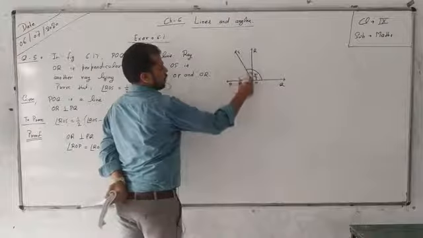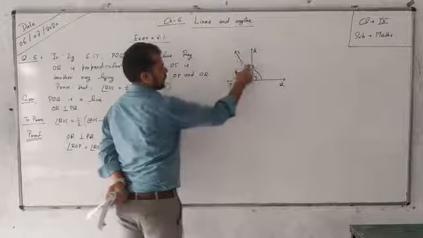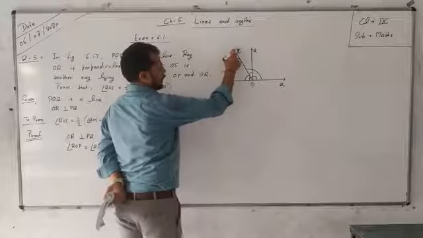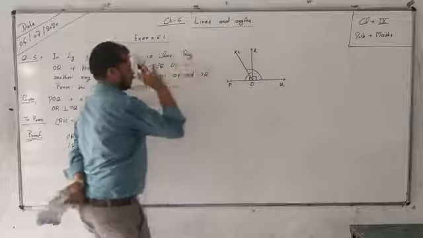Okay? Now, in this angle ROP, there are two angles, angle ROS and angle POS.